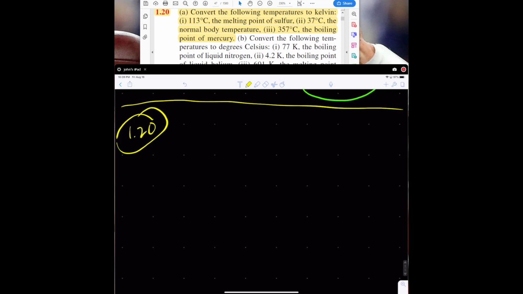So on page 12, they gave us the equation to convert Celsius to Kelvin, which was this. Kelvin is equal to the degrees Celsius plus 273.15 degrees Celsius.